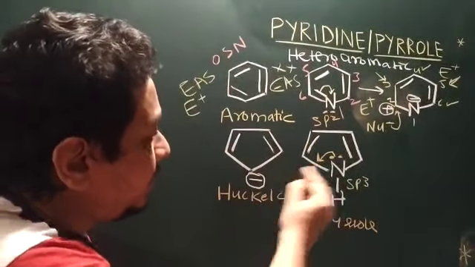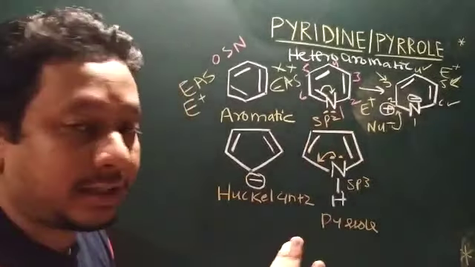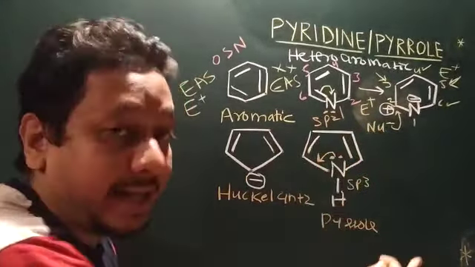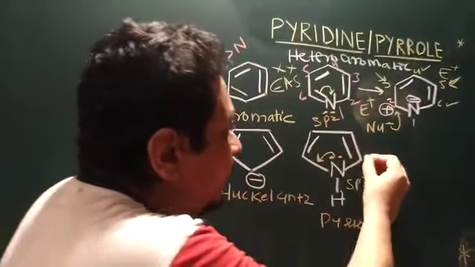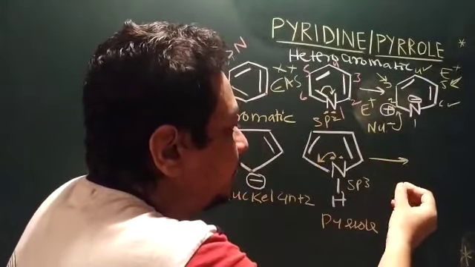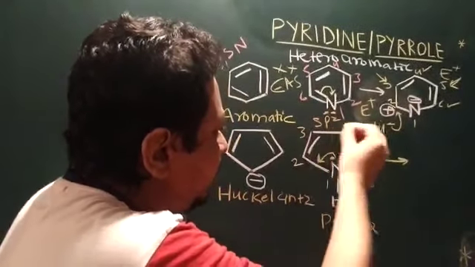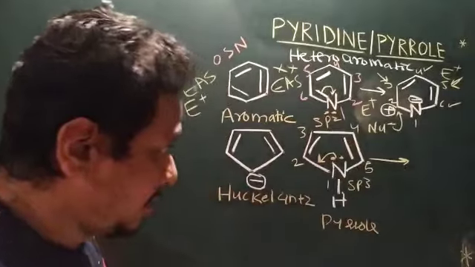But over here in pyrrole, it is not like that. Because nitrogen is giving the electron, the electron density is maintained. So pyrrole is very good for electrophilic substitution. The second and fifth positions are both equal.